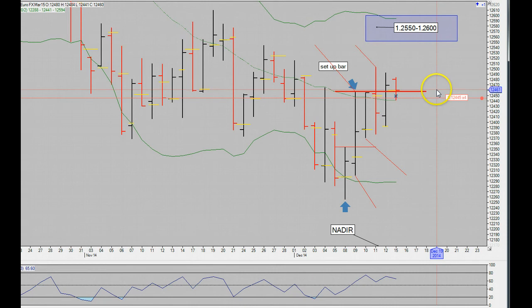Currently right now price is at 124.60, so we would be looking right at about 100 to 140 pips for price to move up to, and it wouldn't be a big surprise if we don't see that by Tuesday or Wednesday of this week.